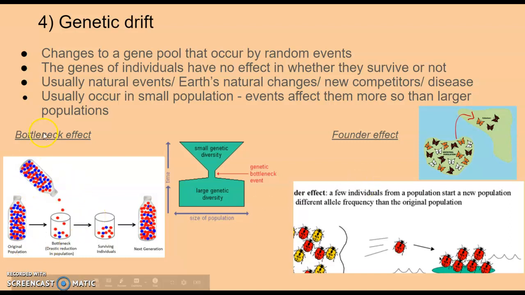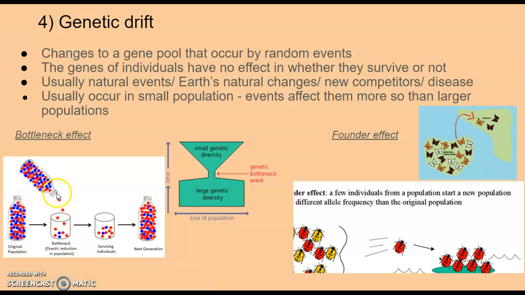The first one is a bottleneck effect. So this is coming from the name of a bottle. The neck of a bottle is kind of a narrowing feature that leads into something else. So I have my original population here. Notice it's pretty even in distribution. I have even red and blue. An event happens and it's not all pouring out, right?